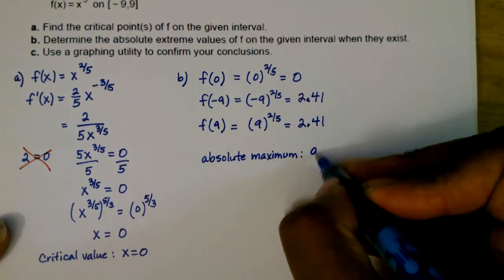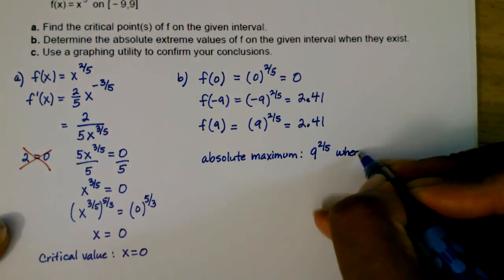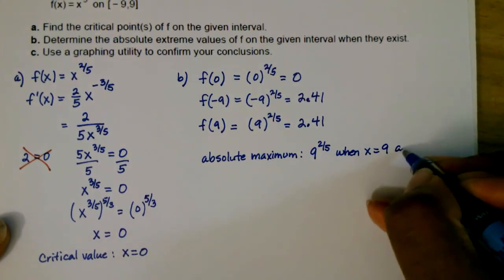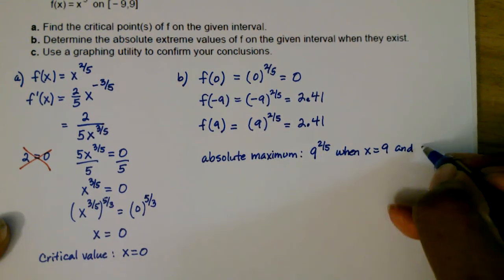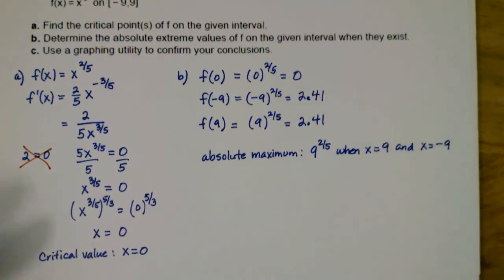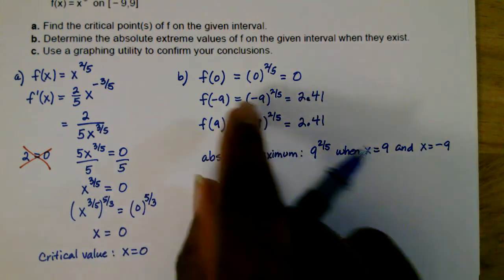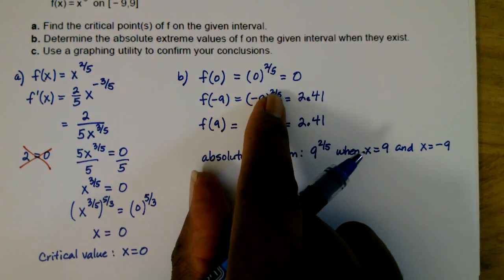And I'm going to use +9 to the 2/5. And that is when x is equal to 9 and x is equal to -9. I say +9 to the 2/5 because even though this is negative, this 2 here is an even power.